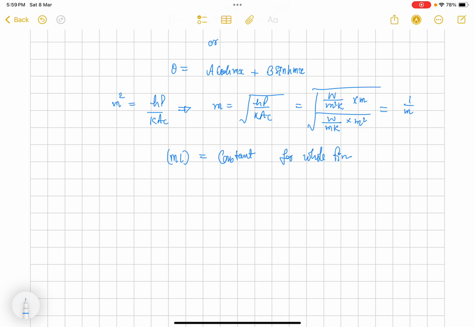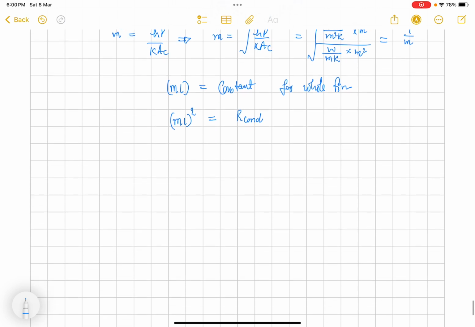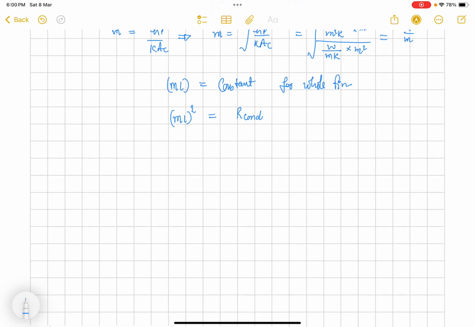And also the square of this, mL square, you can check yourself as an exercise, is the ratio of conduction resistance offered by the fin material to the convection resistance between the fin and the surrounding fluid. So it is defined like that.